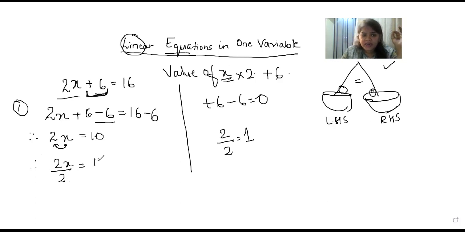Therefore, 10 divided by 2. So this 2 and 2 get cancelled. 10 divided by 2 is 5. Therefore, x is equal to 5.